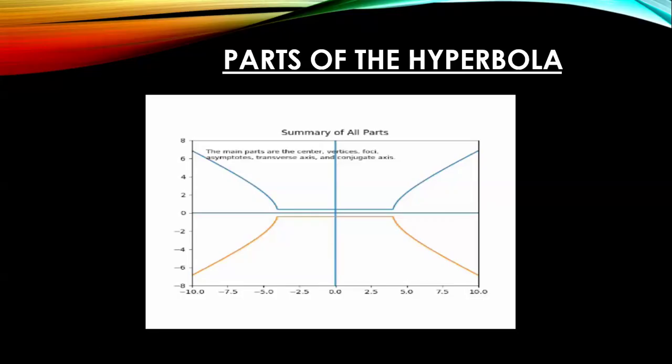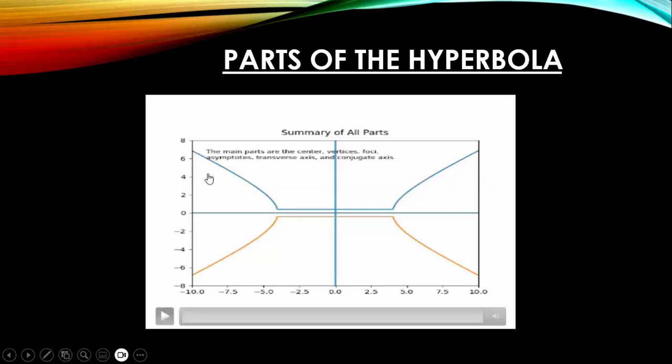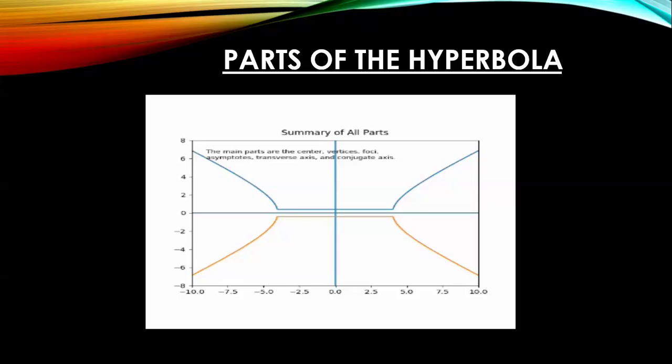So the transverse axis and the conjugate axis, we can determine them based on how the hyperbola is formed. If the hyperbola opens left and right, our transverse axis will lie on the x-axis.